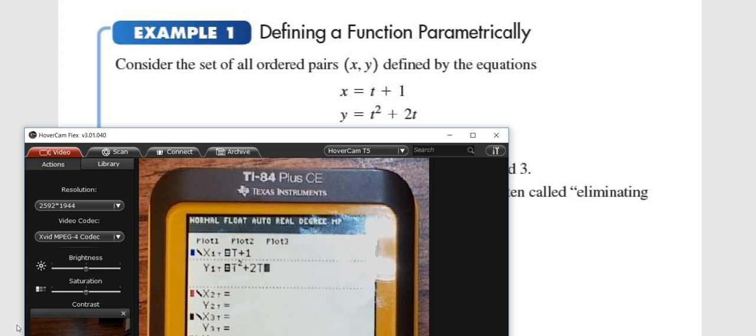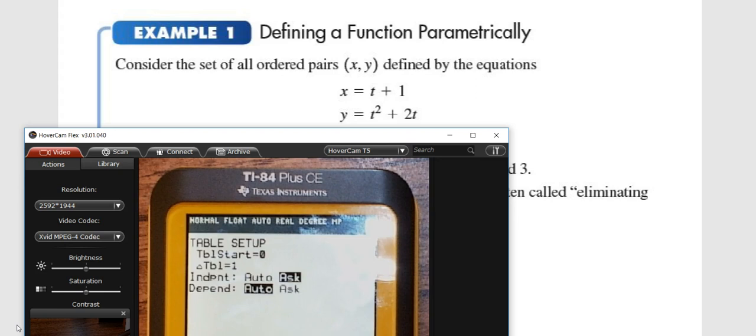Okay. Now, above the word window it says table setup. Please go to the table setup above the word window. It really doesn't matter what your table start value is. It doesn't matter what your change in table is, because we are going to use the independent variable on ask. Switch your independent variable over to ask.